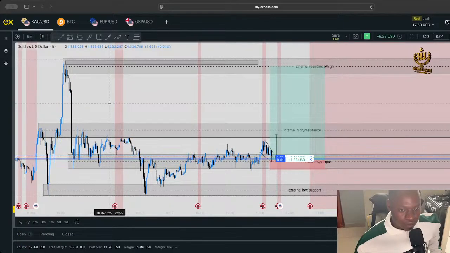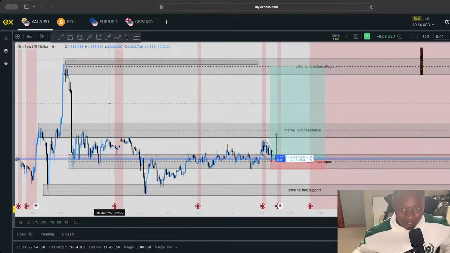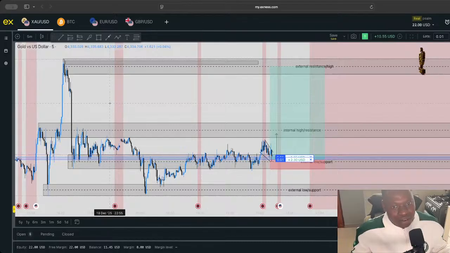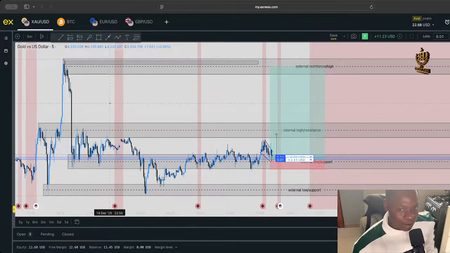We have to see a reaction, a very quick reaction. Price has to pay, or the market has to pay. We don't know. Remember, this account was $11, and now we are holding profits of $12.